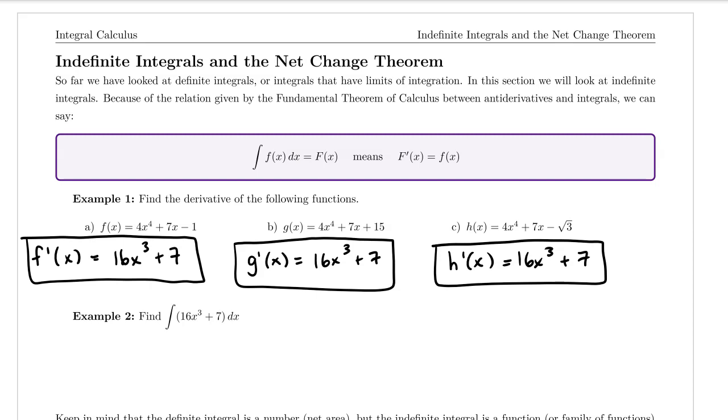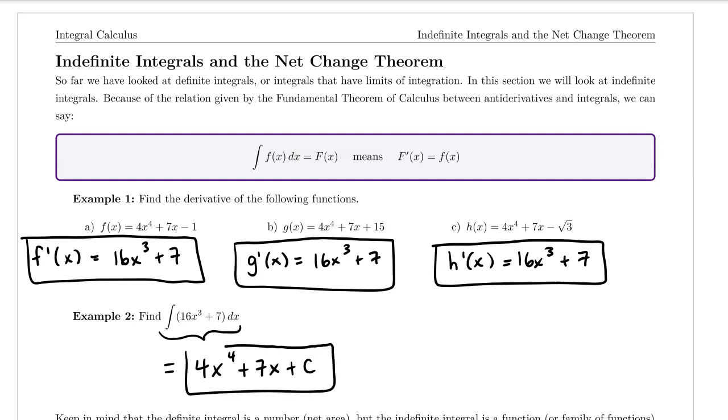Because of all of the functions up above, when we found their derivative, that means that the integral of this thing is equal to 4x to the fourth power plus 7x, and then in order to make it so that we have a constant, I'm going to add plus c, and that is our final answer. This plus c has a special name. It is called the constant of integration.